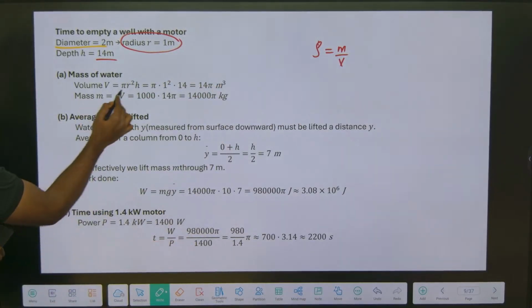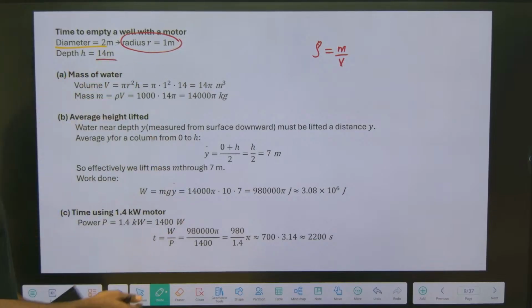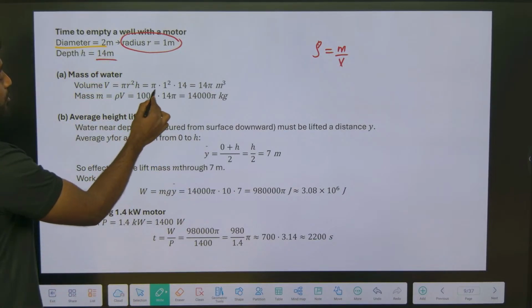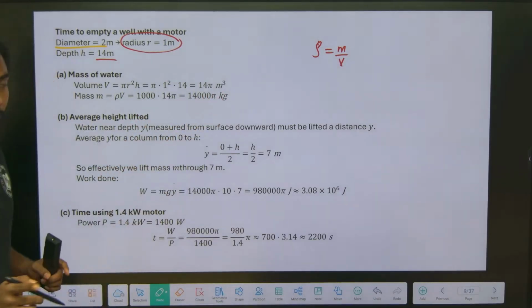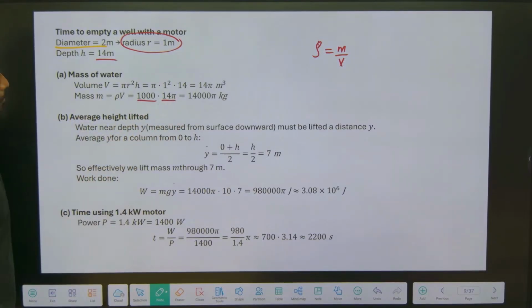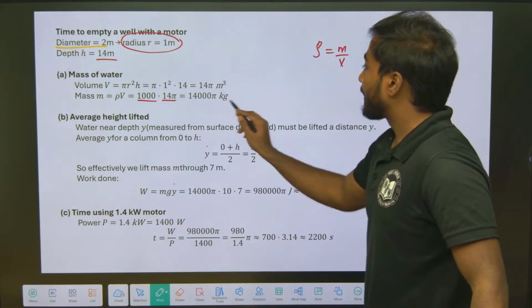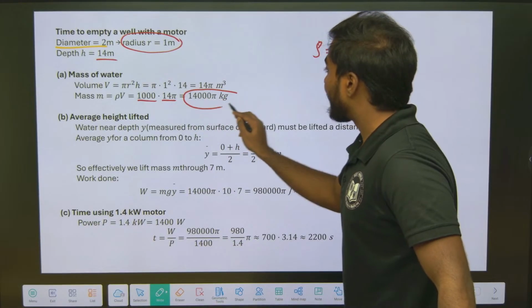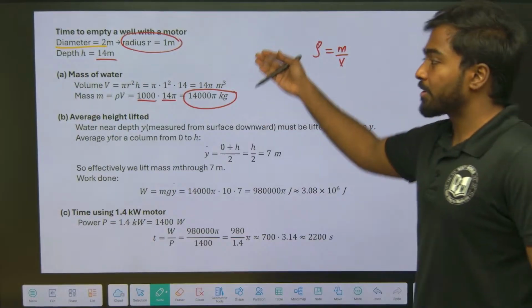Volume is πr²h, since it's a cylinder. So π into 1² into 14 is 14π meter cube, and mass will be 1000 into 14π, since we are talking about water, which is 14,000π kg. This is what we have derived from the question.